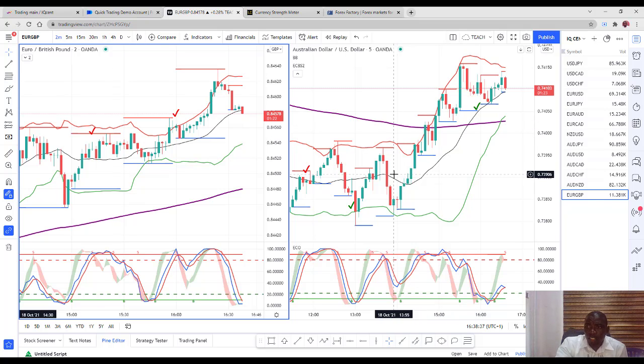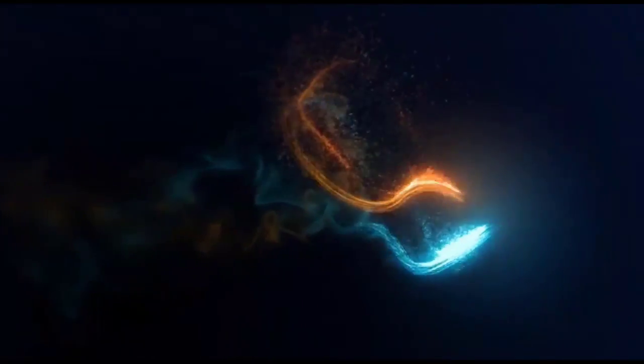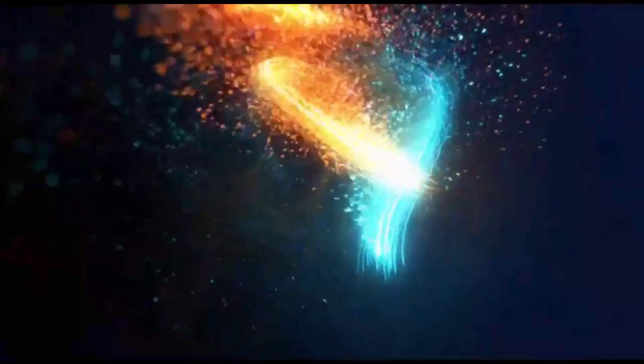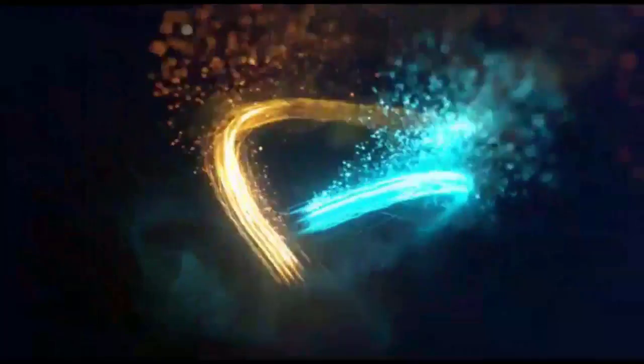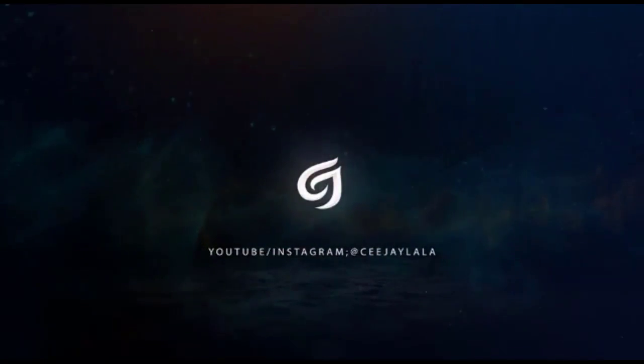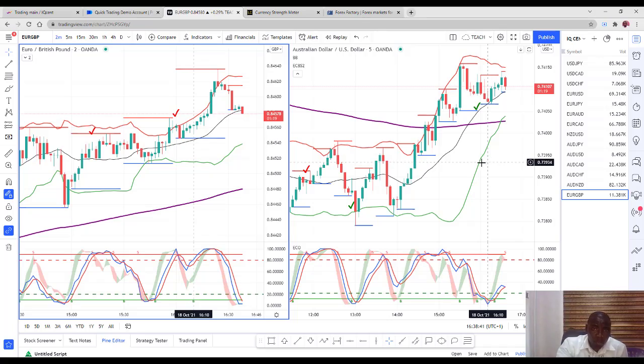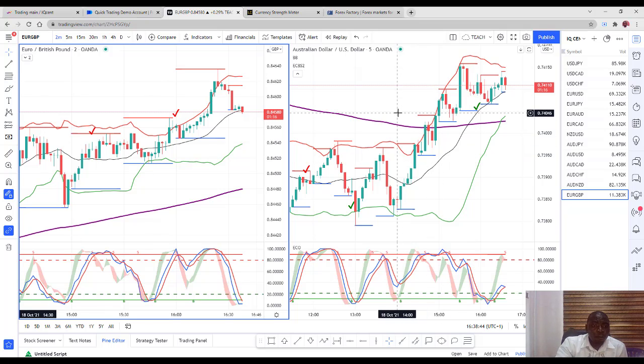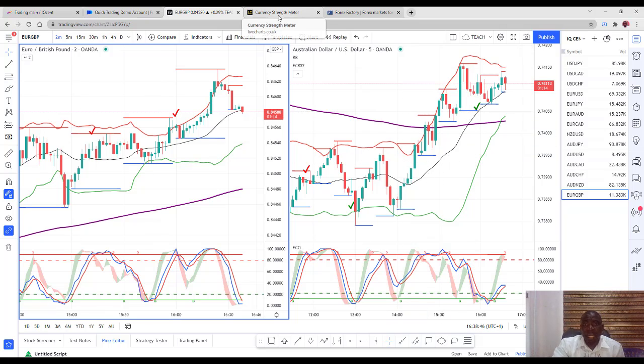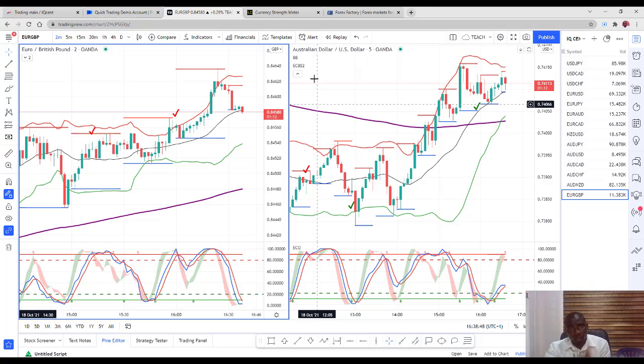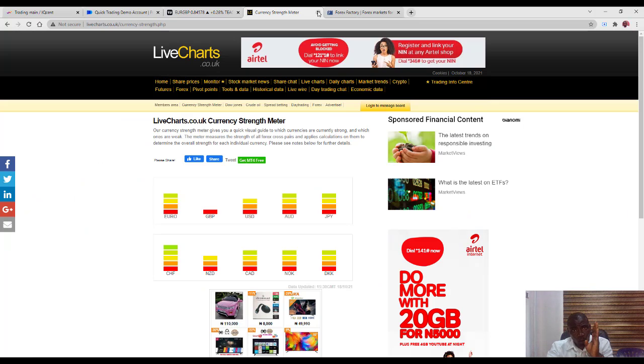You do your charts properly and look at it, and look for a proper time to get into the market. For me, I don't use the currency strength meter at all.